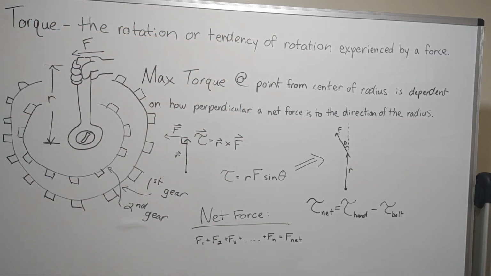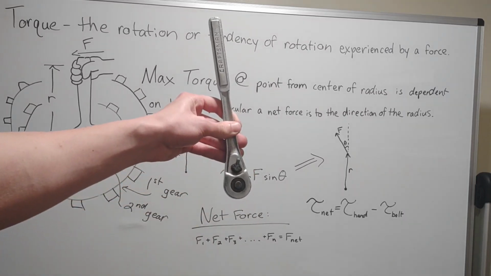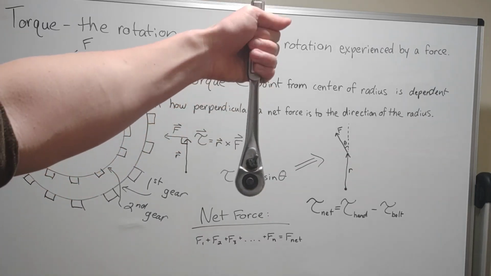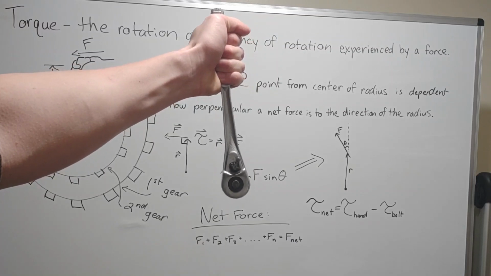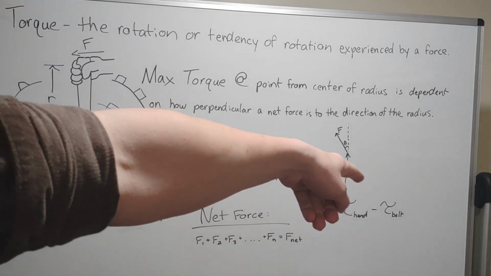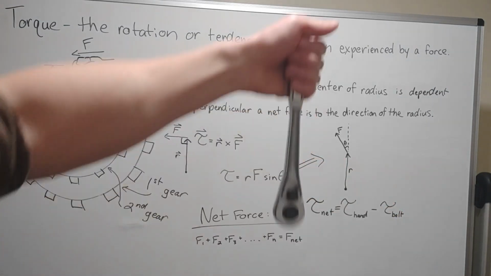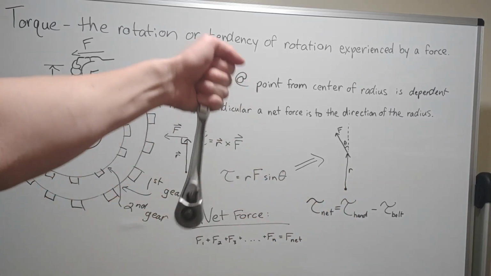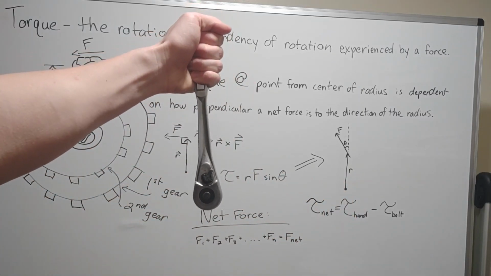So to think of torque, the net torque that you have. Let's use an example. We have our ratchet here and we got a bolt. We have the torque experienced by our hand in the ratchet, and then the counter torque experienced by the bolt. So if the torque of my hand equals the torque of the bolt, it's not going to break free.